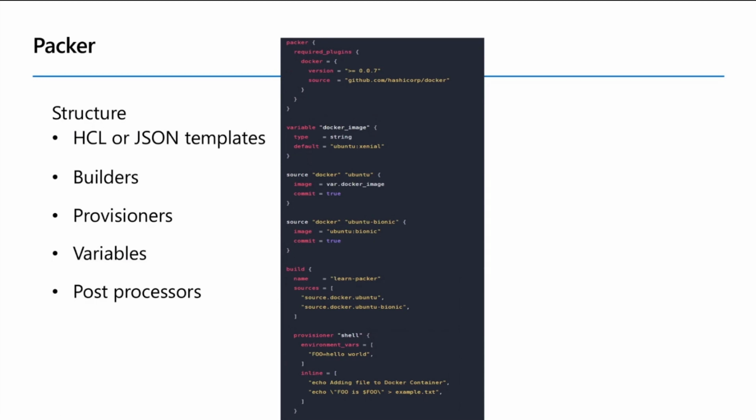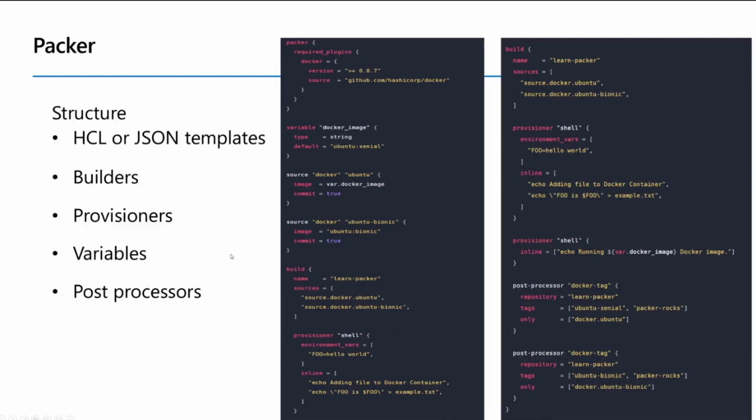But how does a post processor play any role in this? A post processor is a component of Packer that can take the result of a builder and then create a new artifact out of it. So you can use it to compress or upload certain things.